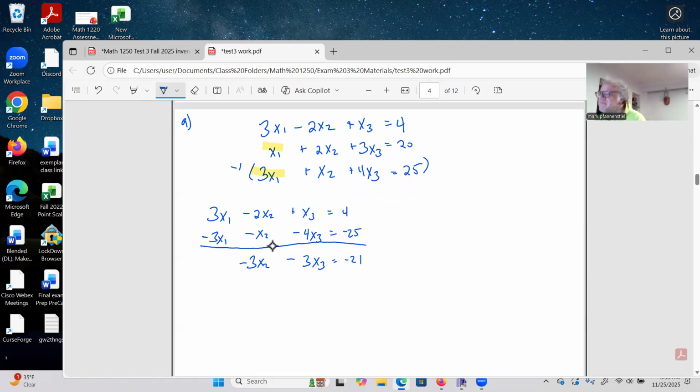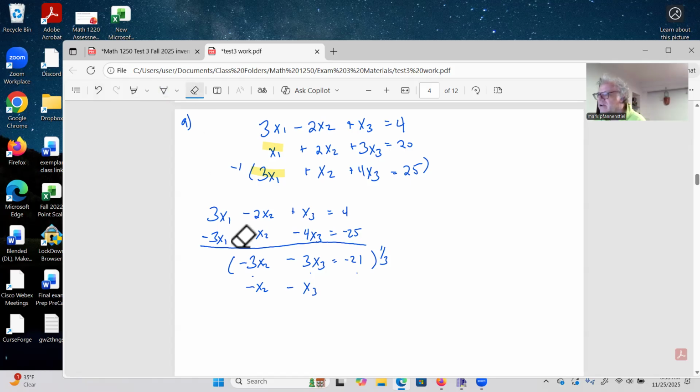At this point, you can leave it as is, or you can divide. I notice that everybody's divisible by 3 here, so let's do that before we go any further, just to keep the numbers smaller. I'm also going to multiply by negative one, since all of these are negative numbers.